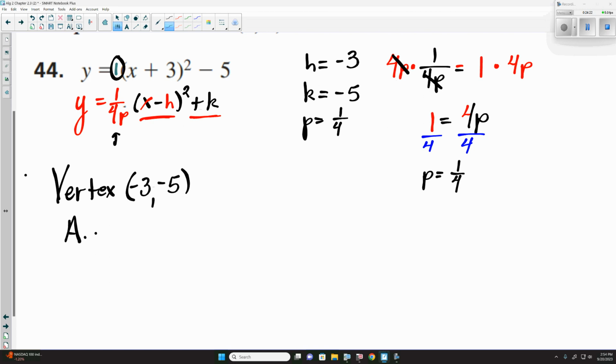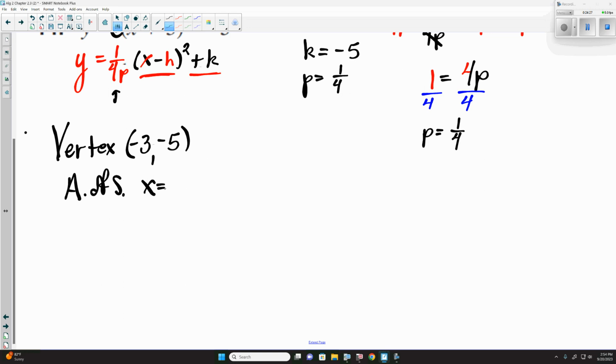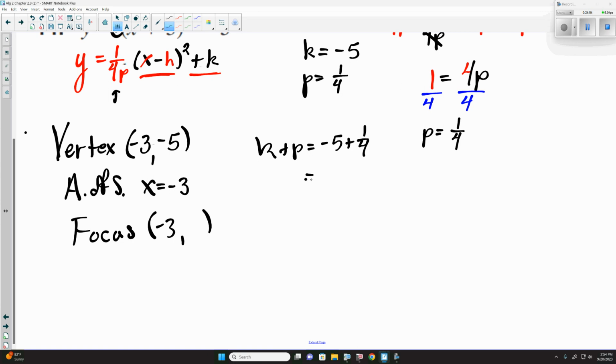Our axis of symmetry for this here is x equals h, and the h value is? Our focus is the point h comma k plus p, and again, I'm just pulling these from our general form, which would be -3. Now k plus p would be -5 plus 1/4.